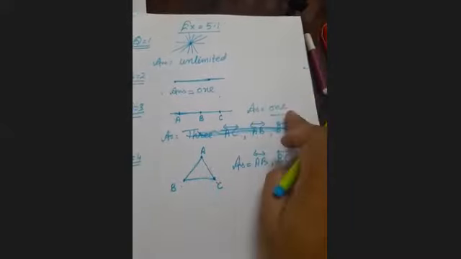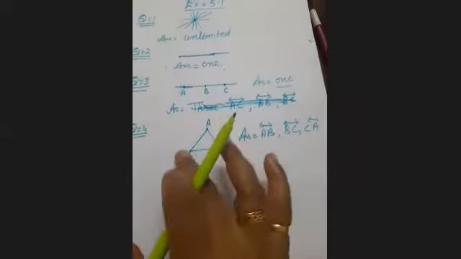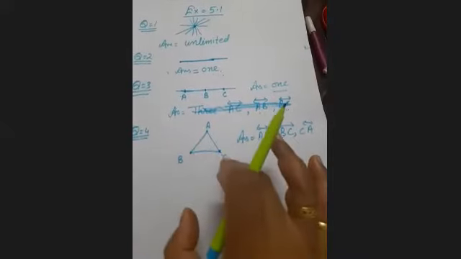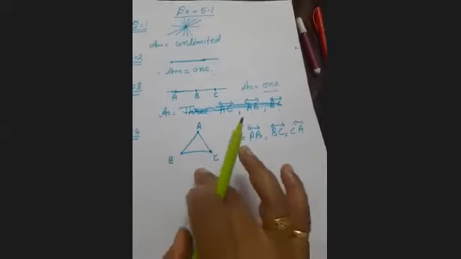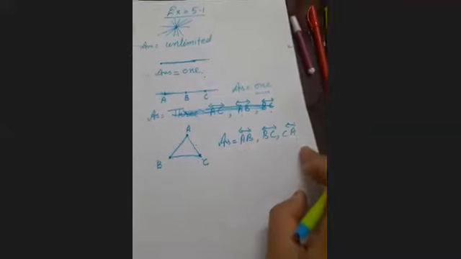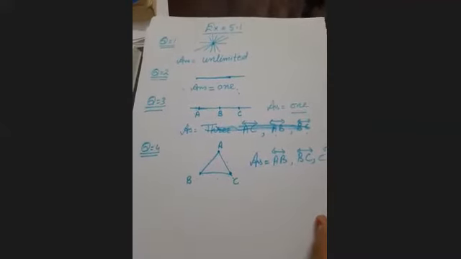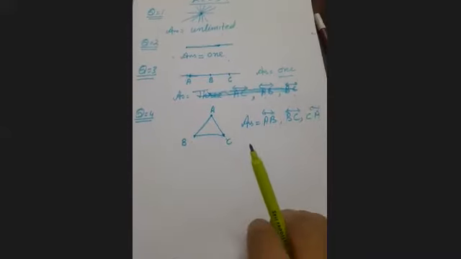So again, your answer is 1. And fourth is, draw 3 non-collinear points A, B, C. Now join them and name the lines which we have. These are AB, BC, and CA. So students, these are the first, second, third, and fourth questions of exercise 5.1.